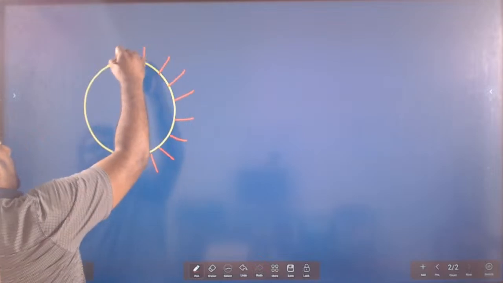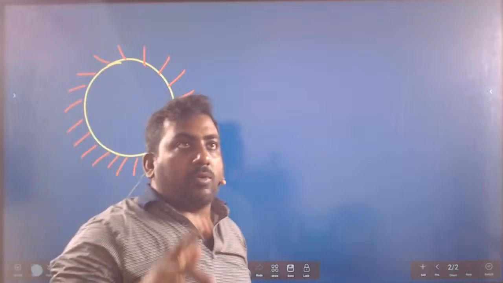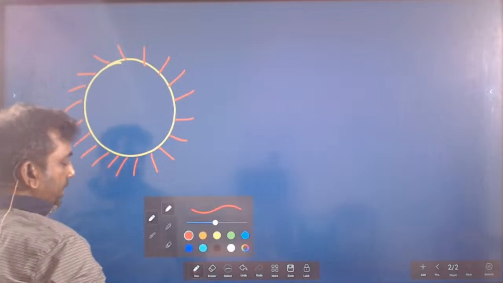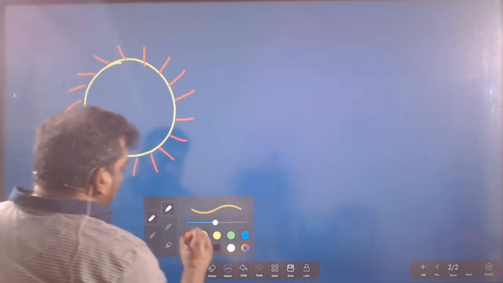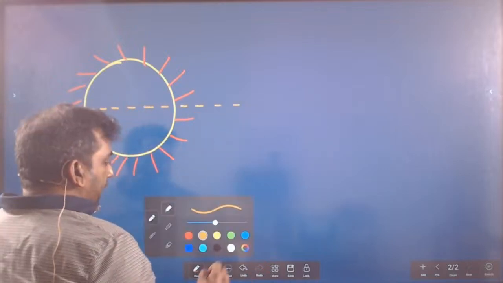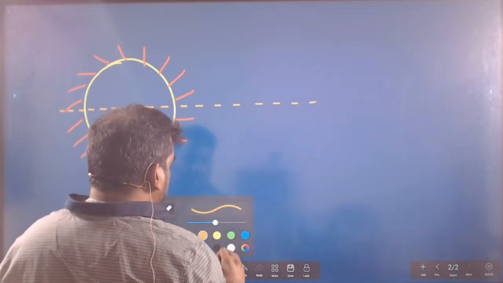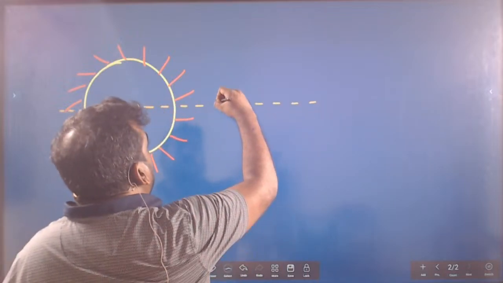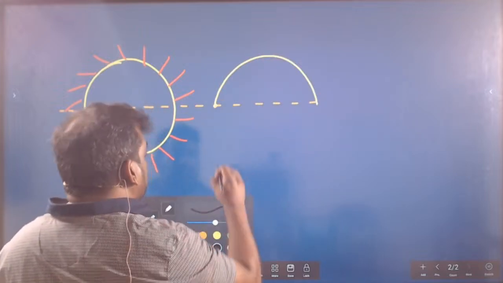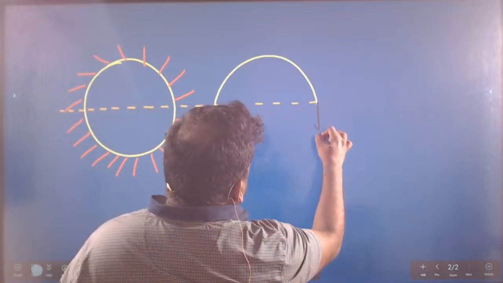Soap from surrounding is pulling this. Remember when you talk about soap, how many surfaces you have? 2 surfaces. Now because it's pulled, what you can do is, if you take a cross-sectional area, from this corner there is going to be a tension.